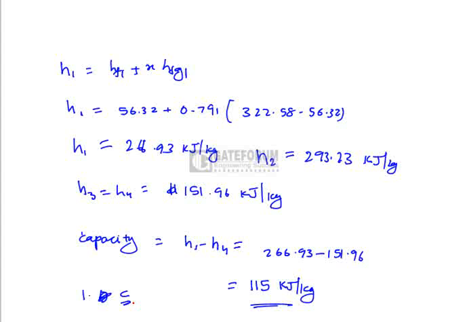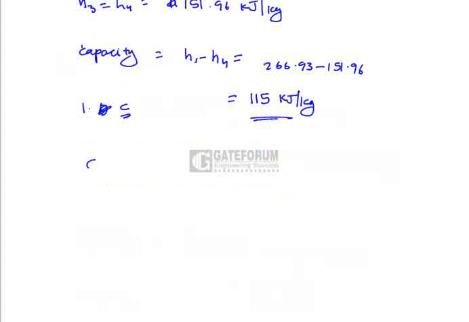Coming to the second question, find the COP of the cycle. The COP of the cycle is equal to the ratio of the refrigerating effect to the work input to the compressor. Here the work input to the compressor comes from the process 1 to 2. This is the isentropic process from 1 to 2, and it takes a work input of h2 minus h1.